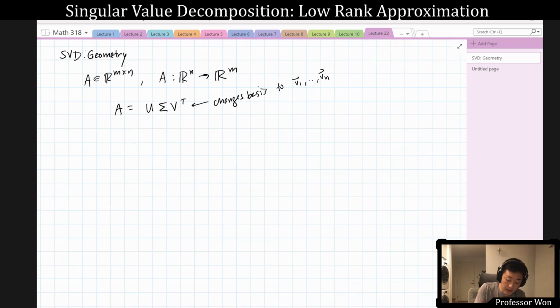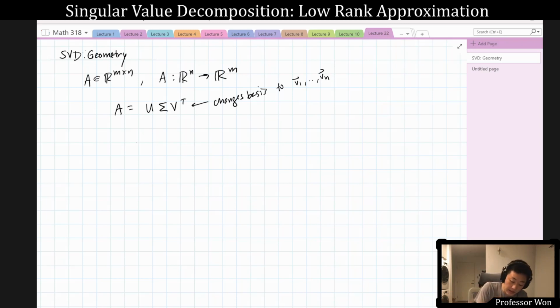So what does that mean? It means that if you have V1, when you change basis, it looks like E1, like 1, 0, 0, 0, 0, because in the basis V1 through Vn, it is the first basis vector. It sends V2 to E2.